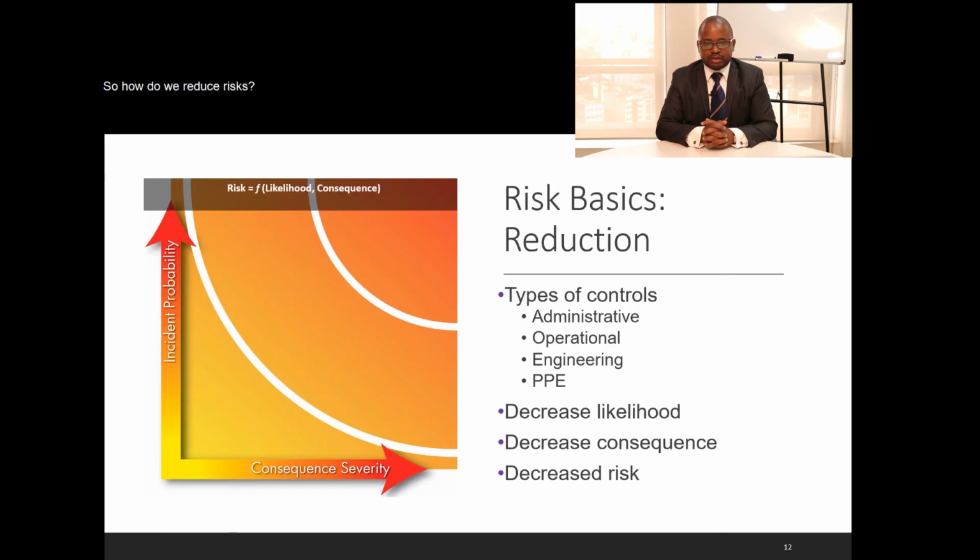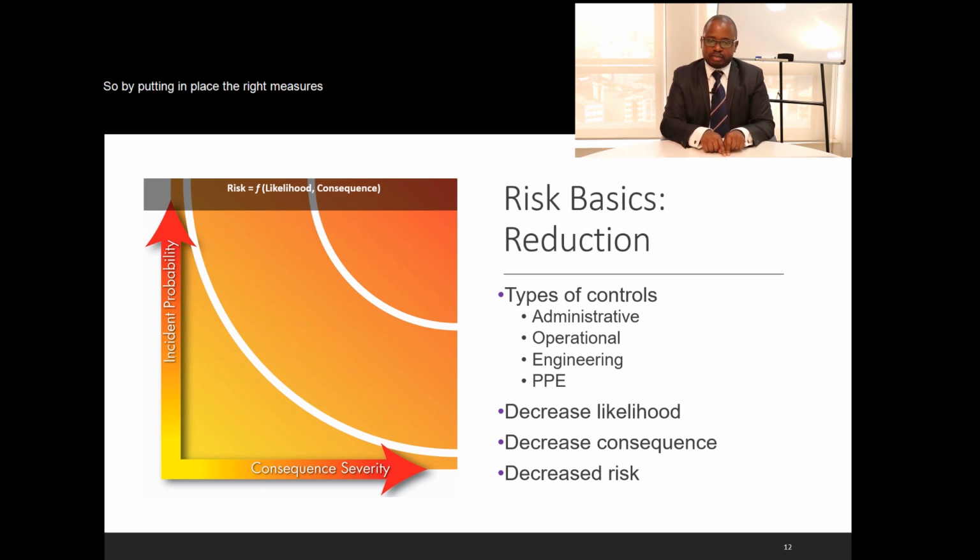So how do we reduce risks? We can put in place administrative controls. That is, for example, using badges for identification, having proper inventory management systems. So decreasing risk means that we have to do two things. We reduce likelihood and we also reduce the consequence.